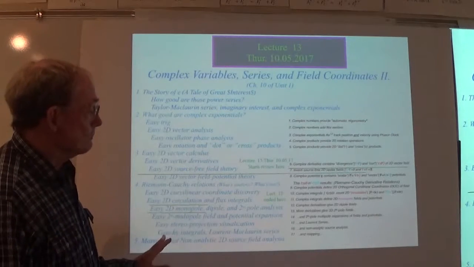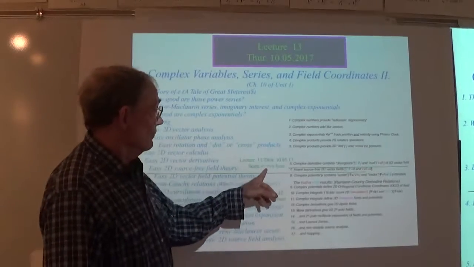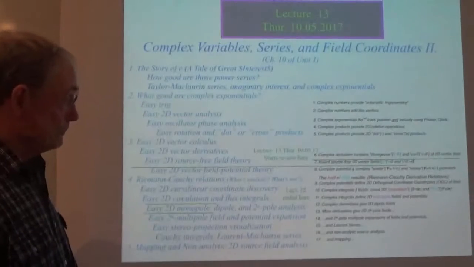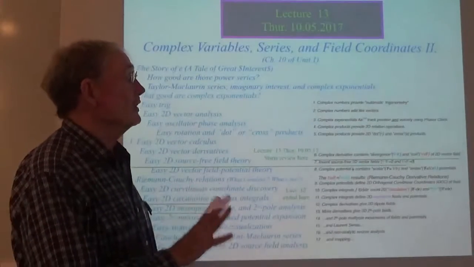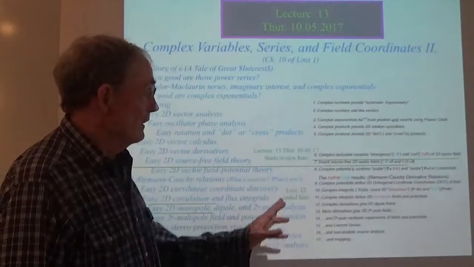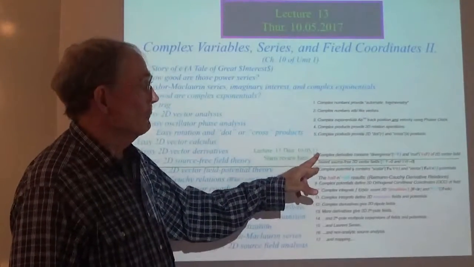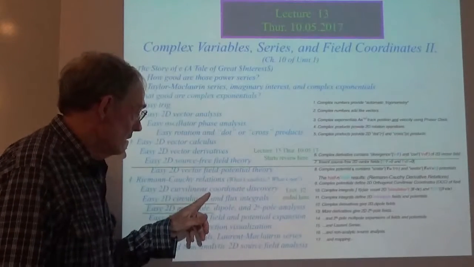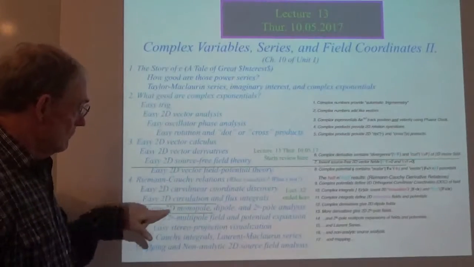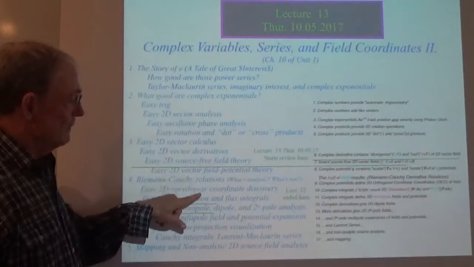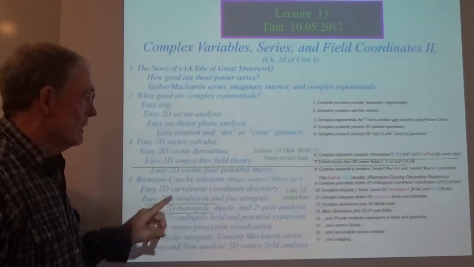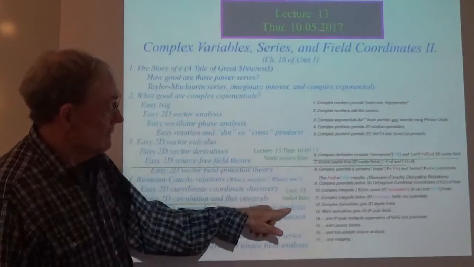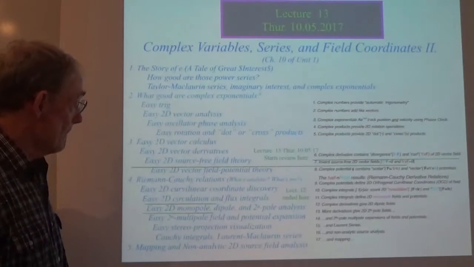The thing I want to make sure you understand are the little idiosyncrasies of the complex variable to field relationships, and we'll go through just the basic derivatives, integrals, and stuff real quickly. But then we'd like to take a look at the multipole structure of fields.